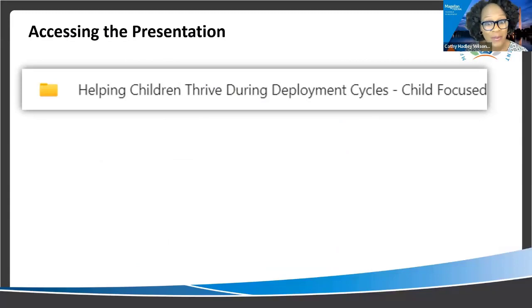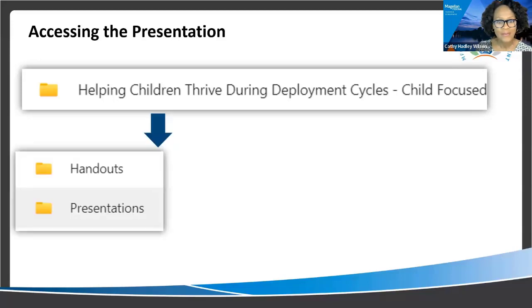Let's briefly review how to access the presentation files in the new OSD presentation library. First, you will locate Helping Children Thrive During Deployment Cycles, which is listed alphabetically. On the page that appears next, you'll see a handouts folder and a presentation folder.